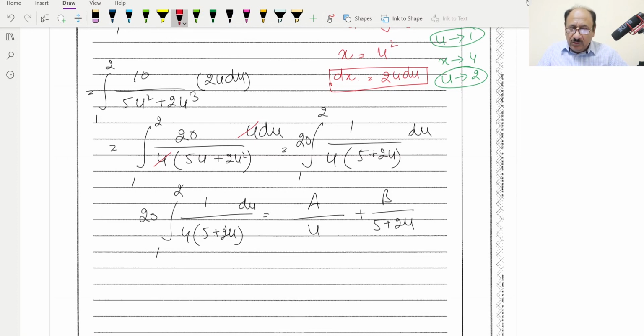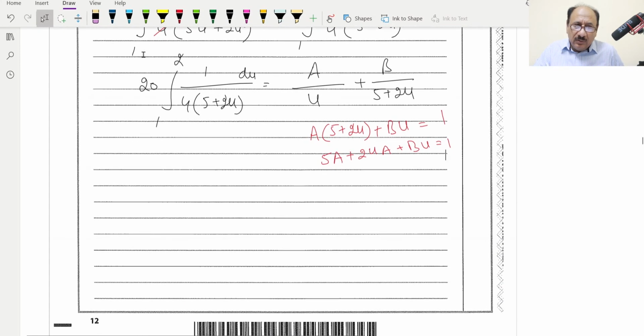So a into 5, so we write a into 5 plus 2u, plus b multiplied by u, equal to, this side is 1, so we'll take 1. We will multiply this: 5a plus 2ua plus bu is equal to 1, and we can take u common from these two terms.